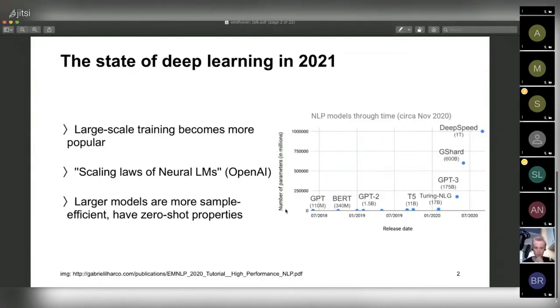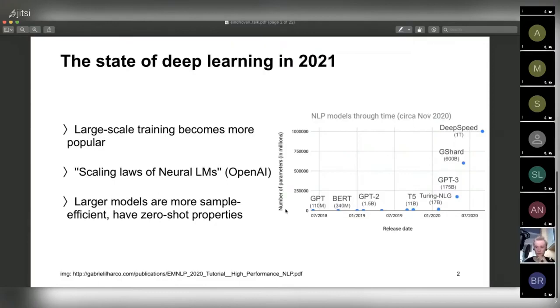We are reaching this era of scale where large-scale training of big neural networks becomes more and more popular. You can see this trend in computer vision, in natural language processing, and in other areas. For example, on the right, you can see this picture where you see the size of NLP models and how it increases through time.